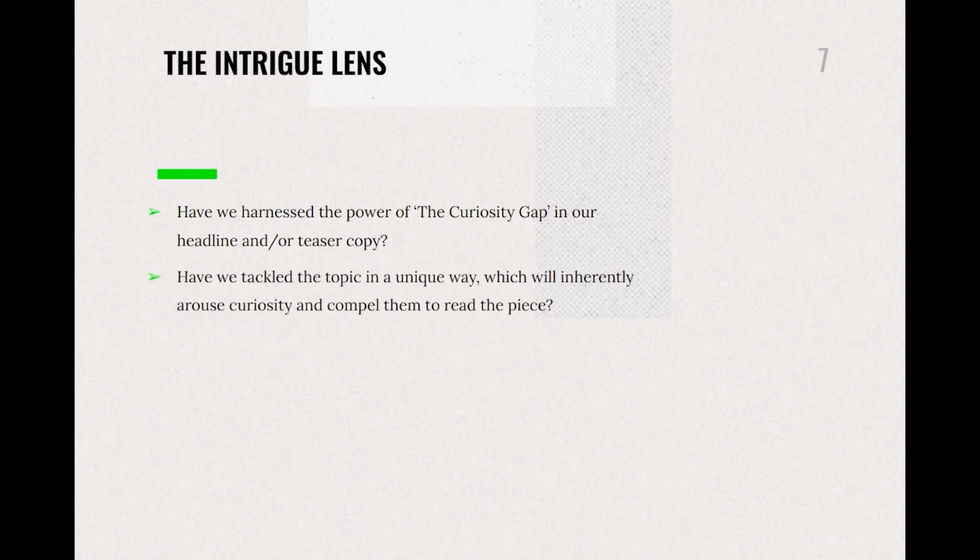Have we tackled the topic in a unique way which will inherently arouse curiosity and compel them to read the piece? When it comes to blog posts, I think this is a great way to pull someone into a piece of content. Let's say you want to talk about some kind of SaaS software, or AI, right? And there's all kinds of content out there about AI.